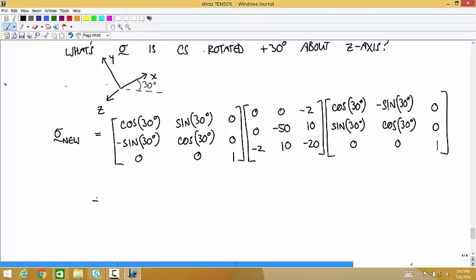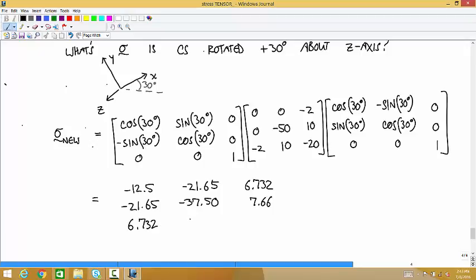And if you multiply that all out, you get this new stress tensor of negative 12.5, negative 21.65, 6.732; negative 21.65, negative 37.50, 7.66; 6.732, 7.66, negative 20.